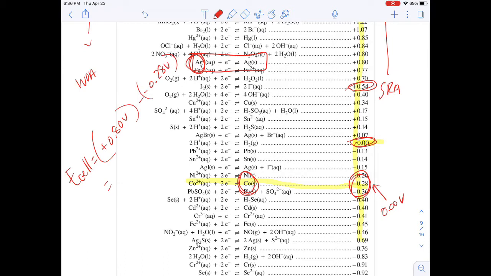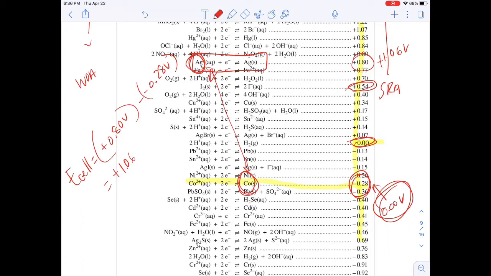And so this would be positive 1.06 volts. Well, that's the difference between here and here, right? That's our cell potential. But now they're saying this number would no longer be 0.80. If this is my 0 value, this becomes positive 1.06 volts.